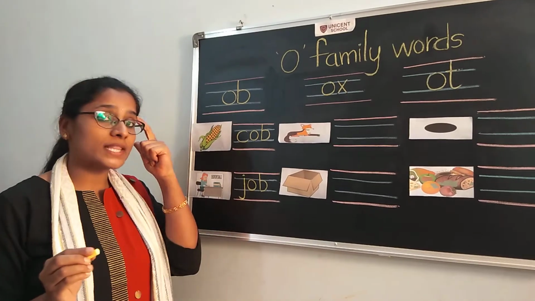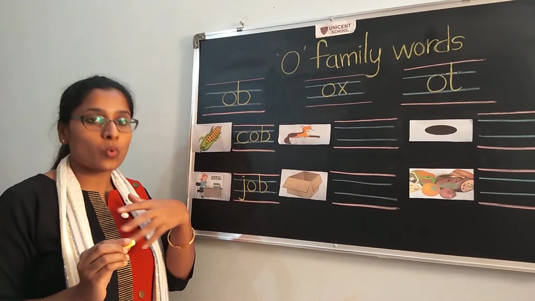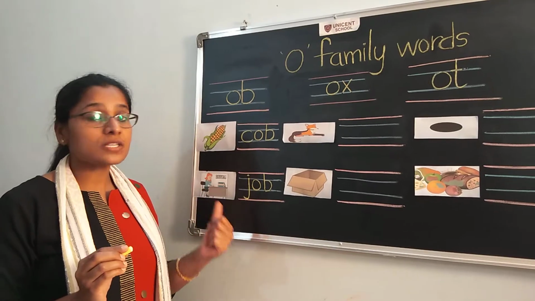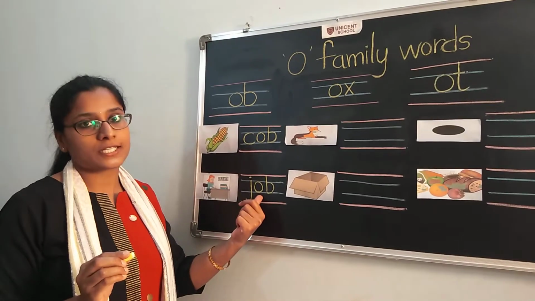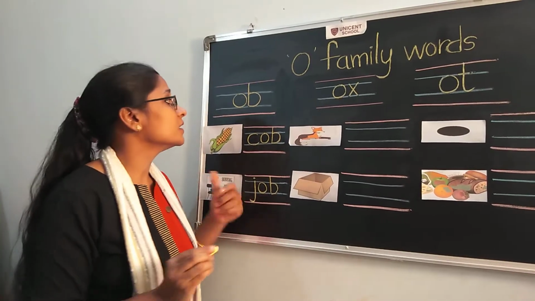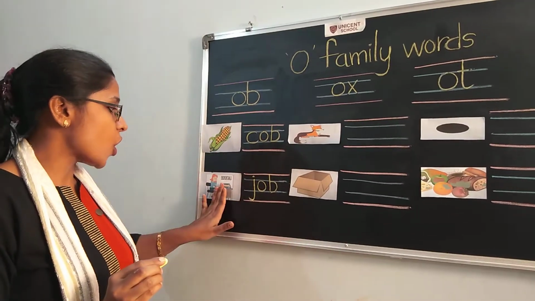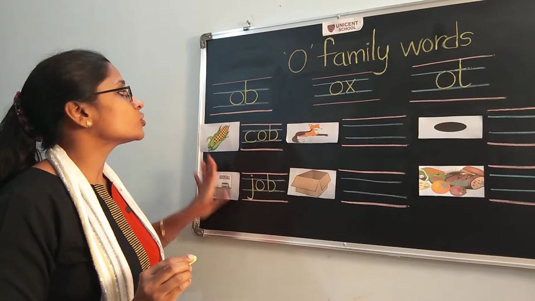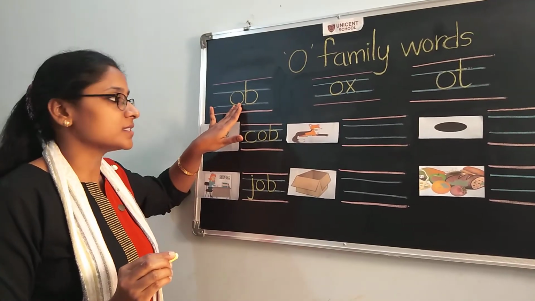You have to remember one thing children. Whenever you are saying a word with pronunciation, you have to write the letter with the help of the sound of the letter. Cob and job belong to Ob family words.